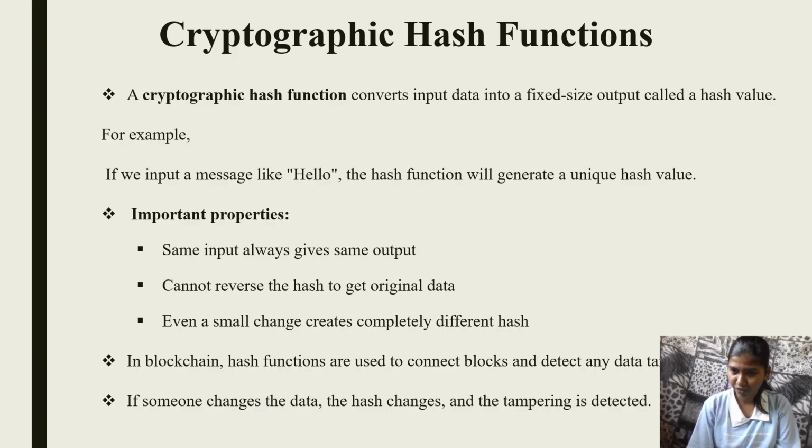With the help of hash functions we connect the blocks in a blockchain. So if there is any small change in a hash value, then there is tampering of data. If someone changes the data, the hash changes and the tampering is detected. Okay, so that was the cryptographic hash function.